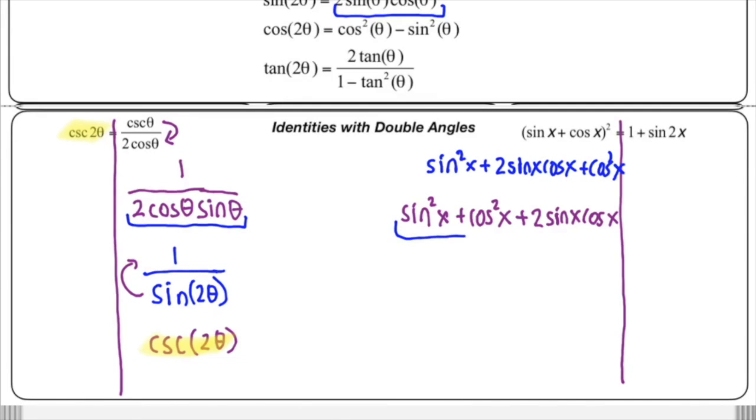So the Pythagorean identity is going to turn into a 1, and then plus, bringing that down, we have another identity right here, which is going to turn that back into the sine of 2 theta, or in this case, the sine of 2x. Okay, and looks like, yeah, that's how we do that.